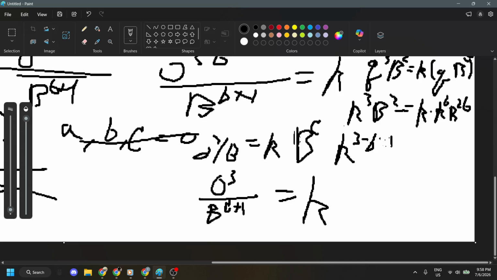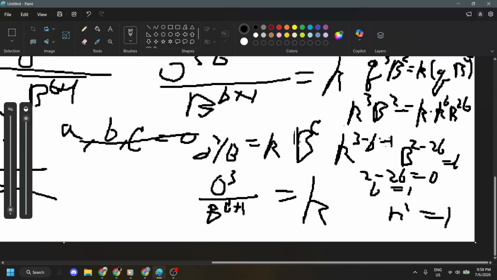This is gonna be k to the b plus 1, subtract from both sides, minus b minus 1, and then we have 2 minus 2b is equal to... So we need 2 minus 2b equals 0, b is equal to 1, which means that this is 3 minus 1 is 2 minus 1 is 1, so k to the 1 equals... What? We just got k is equal to 1.